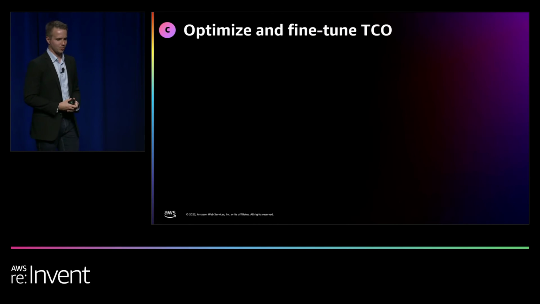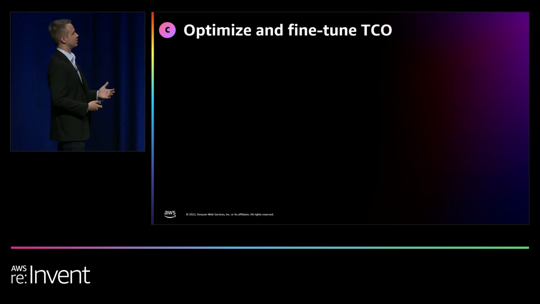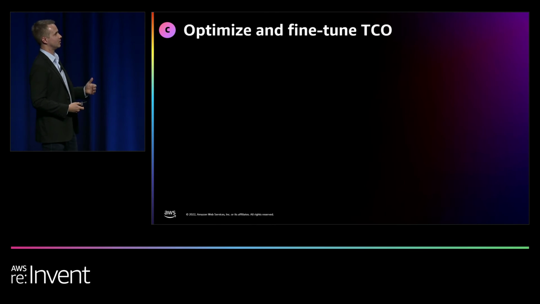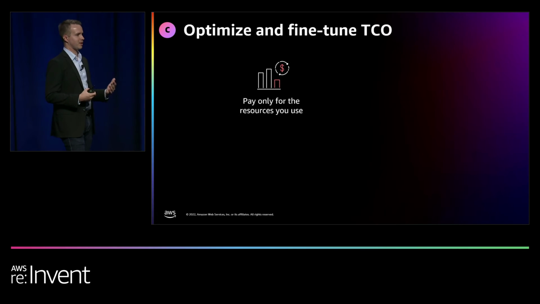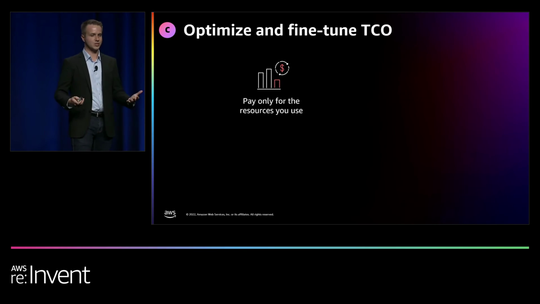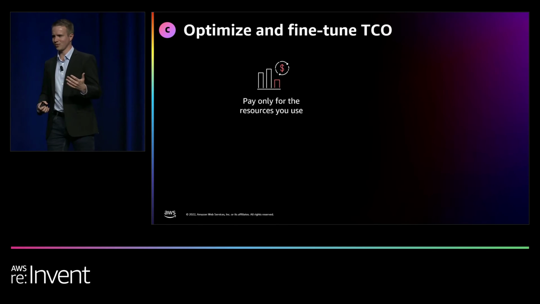TCO. We're seeing customers constantly looking for ways to optimize and fine-tune their TCO. One of the big benefits of running in the cloud is you only need to pay for the resources you use. I'm sure you hear this commonly, but this is especially true in the storage space. We have customers all the time who want to run a test.